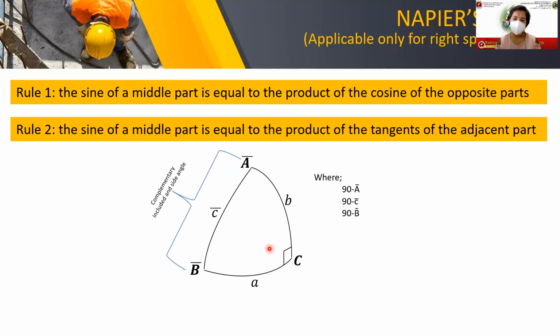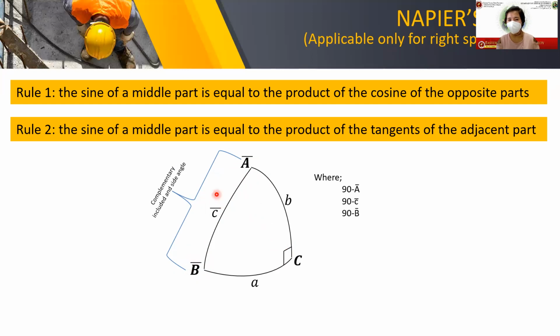So in Napier's rule, let us first take the definition of the whole spherical triangle. If this is the right angle at C, the parts opposite to this right angle are called the complementary included side angles. So these are the complementary parts of the right angle C, which means they are the parts opposite the 90 degrees. In this illustration, the complementary parts are A, C, and CB.